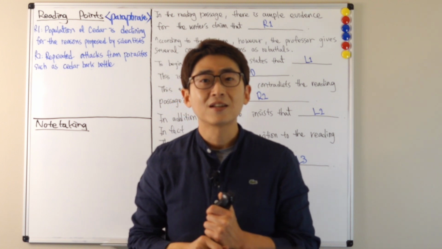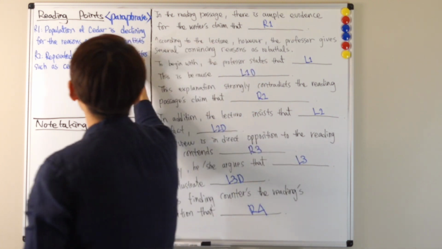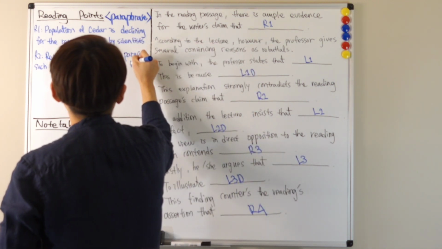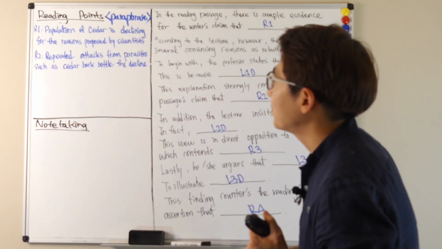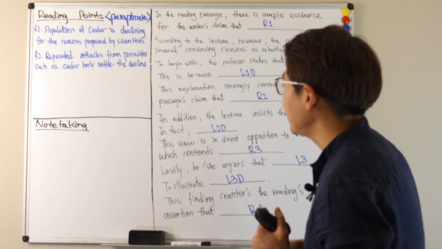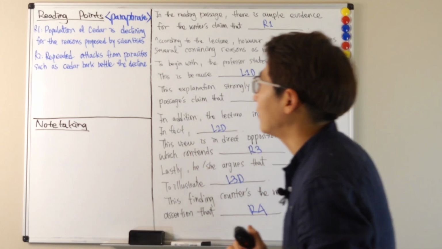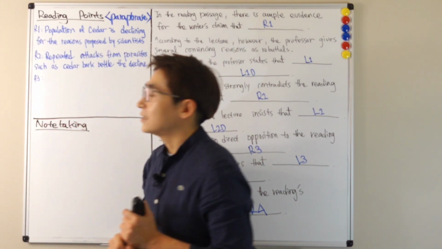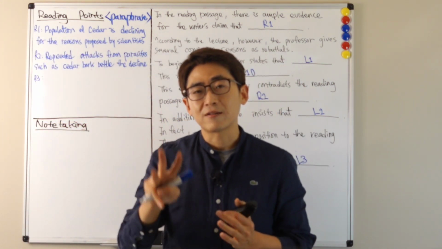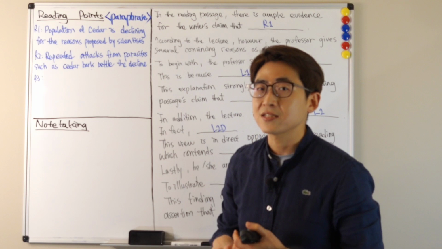Cedar bark beetle caused the tree's decline. The decline. Okay, so that's our paraphrase sentence. And then let's move on to do this one, R3. And it's on the third paragraph of the reading passage. Let's take a look.